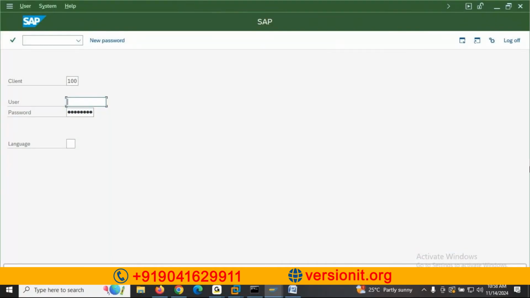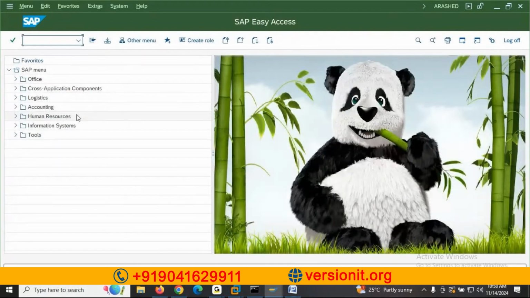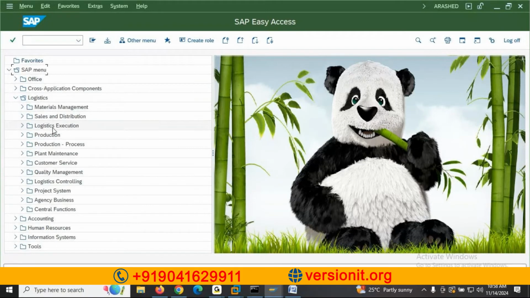This is my presentation. When I log into the system, my user and password would be in the database. When I press enter, it goes to the SAP application, which processes this user ID and password. The application goes into the database, fetches whether the record is there or not, and if the right password is used, then I can log in. An SAP system is designed to run the entire business.